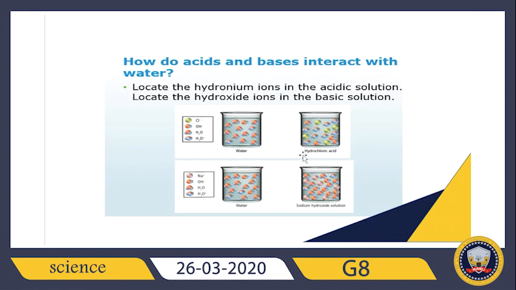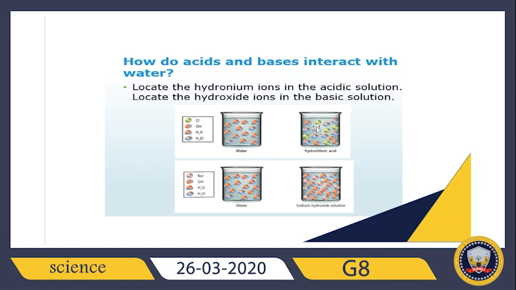So guys, here what will happen once you mix the HCl acid with water molecule? As we said, hydrochloric acid contains one hydrogen atom. This hydrogen atom will be attracted by the water molecule. So here, for example, we have the water molecule that is made up of two hydrogen atoms.